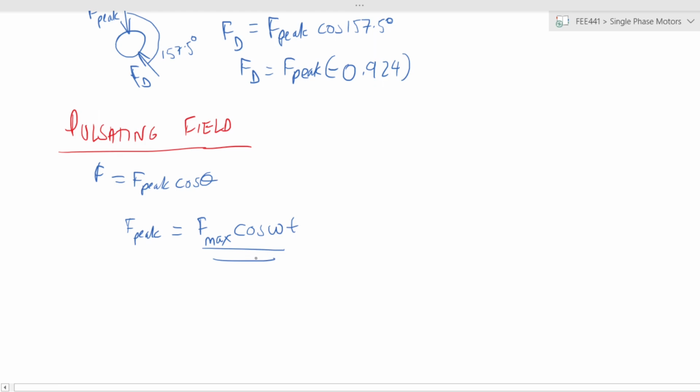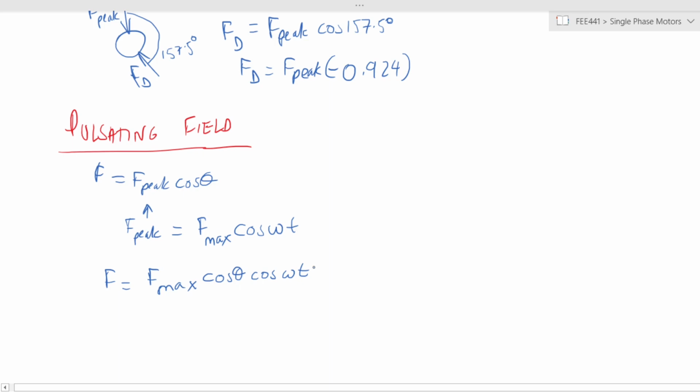This is the representation of the way the voltage changes when you have an AC voltage being applied. Okay. So now that means that this F peak, because it is changing, you have F being altered by two different components. You have the time component and you have the space component. So cosine theta times cosine omega t.